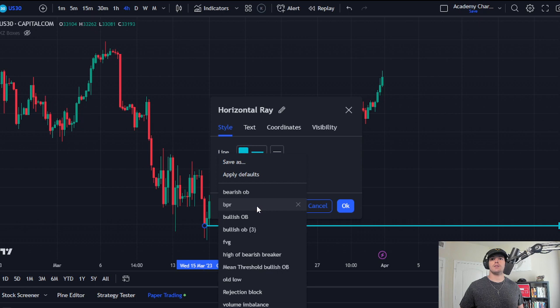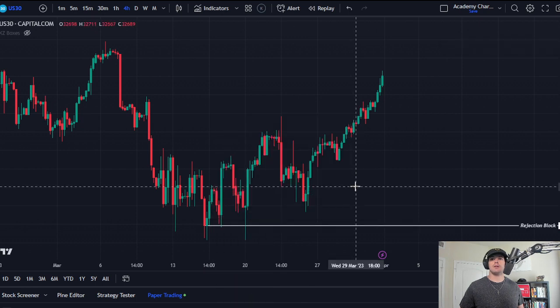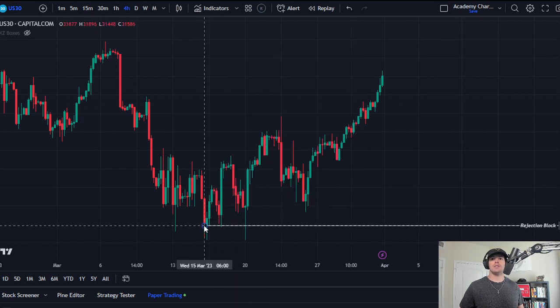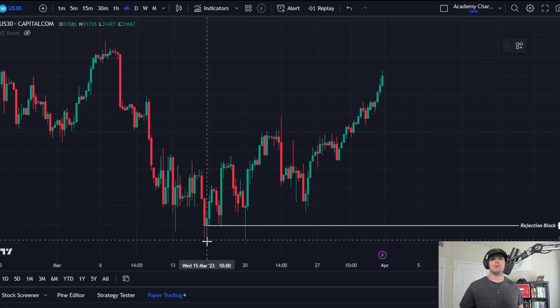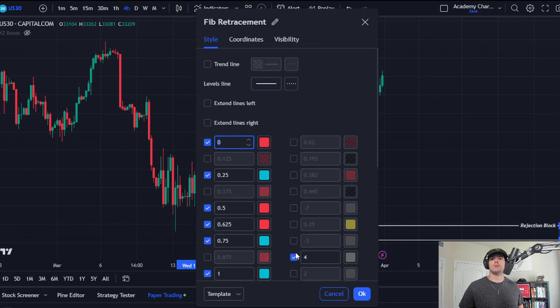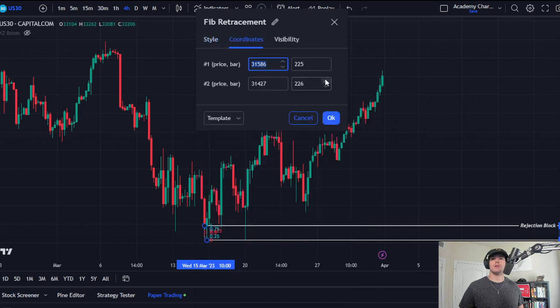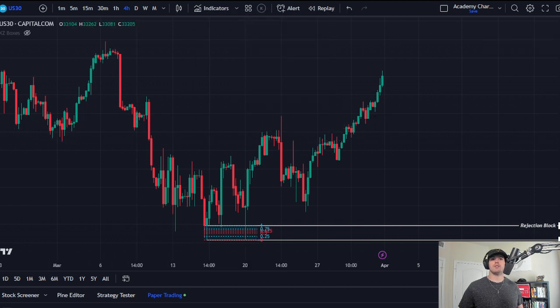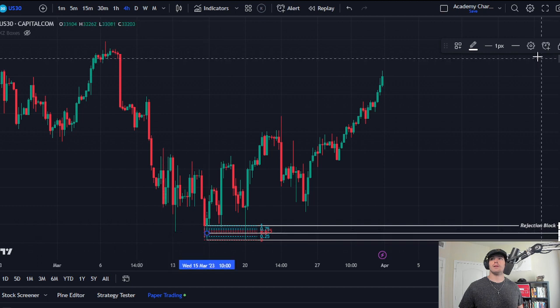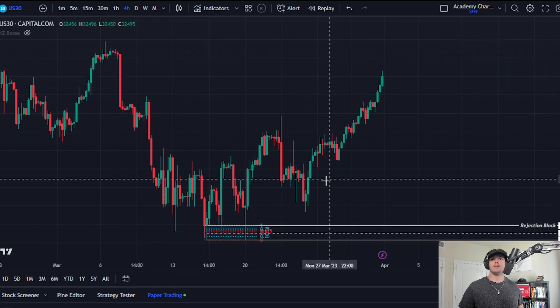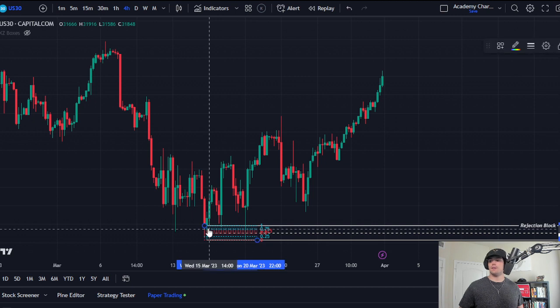And like I said, it's also known as a rejection block. So we're marking from that lowest body down to the lowest wick. And after we have done that, we're going to stretch it out, and then we're going to mark 50% right there. And we'll make that line a little dash, that way you can see it.